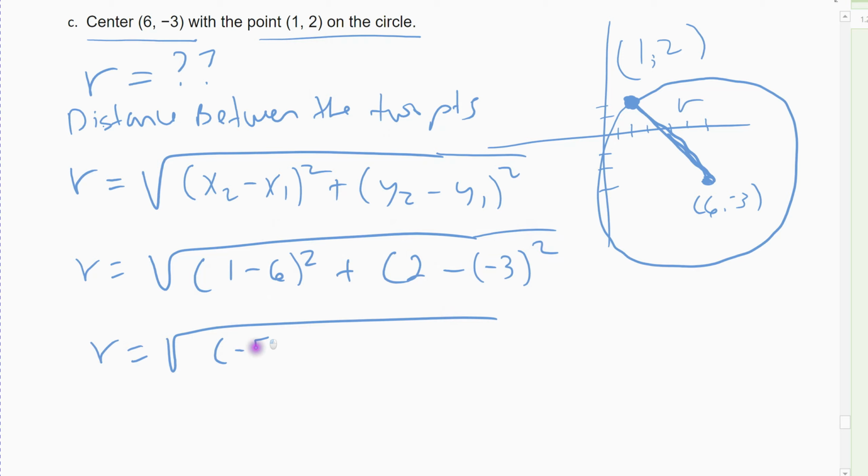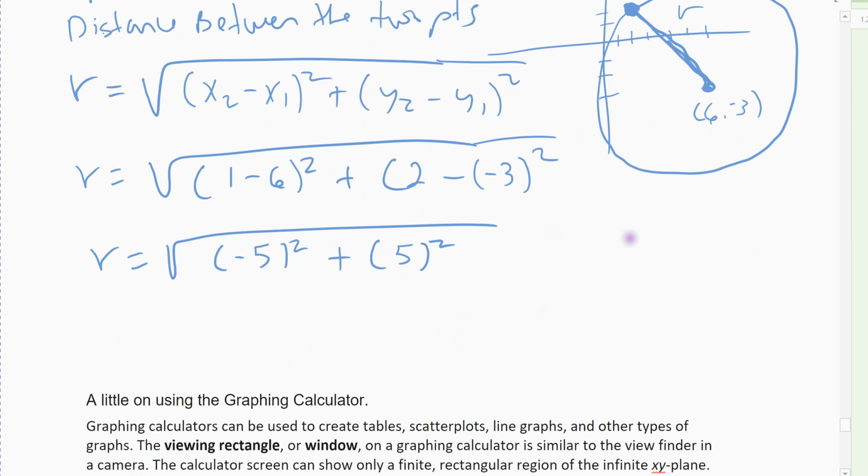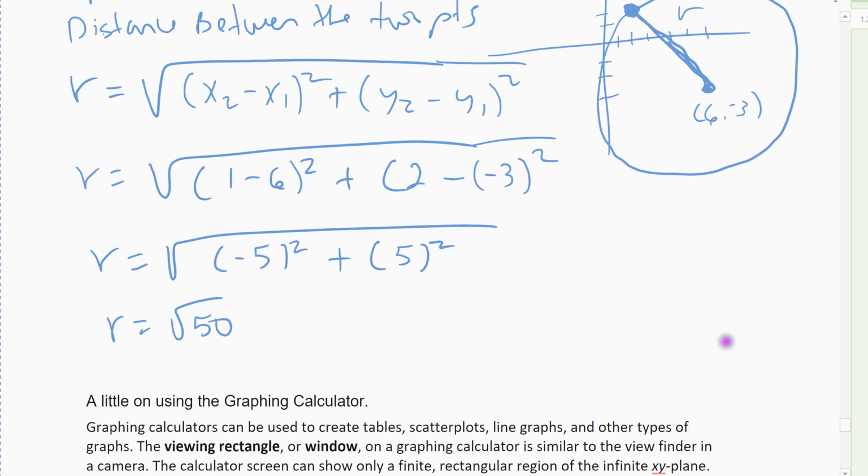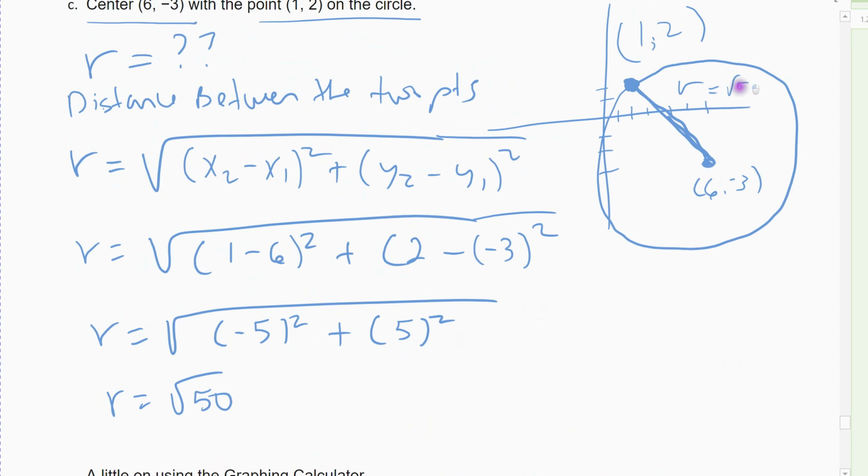So we're going to get -5 squared plus 5 squared, so 25 plus 25, so my radius is the square root of 50. Now I know what my radius is. And I'm going to leave it exactly the square root of 50.